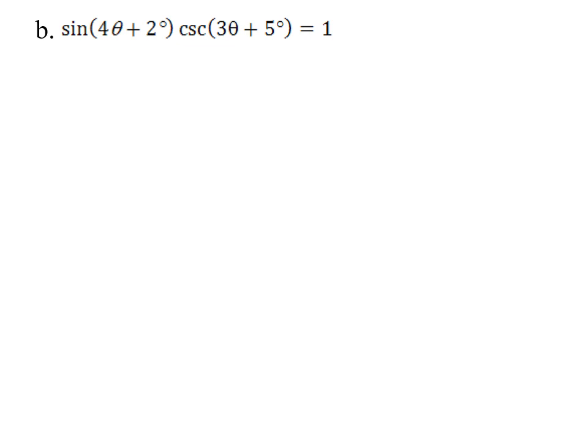What I could do is divide both sides by cosecant of 3 theta plus 5 and make this sine of 4 theta plus 2 degrees equals 1 divided by cosecant of 3 theta plus 5 degrees. Don't want to mess that up.